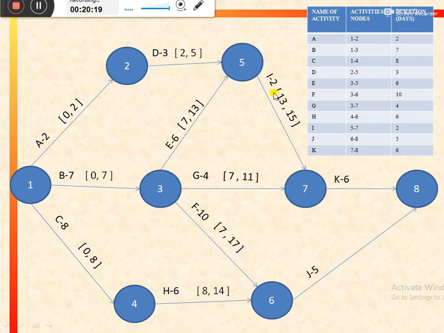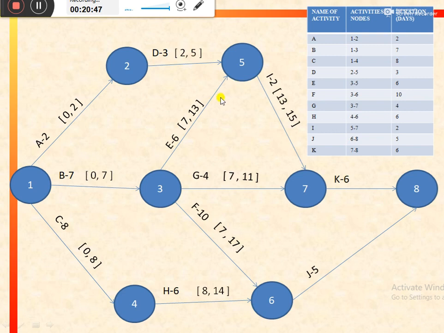So for I, the former activities are activity E and activity D. Activity D is ending on 5th day while activity E is ending on 13th day. So activity I can only be started after completion of these two activities. So these two activities are ending on day 5 and day 13 respectively.